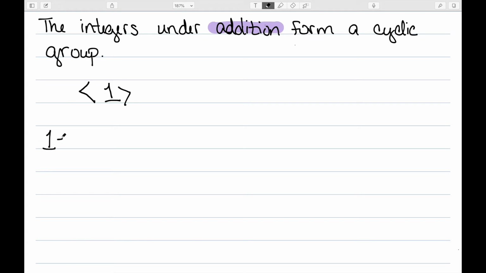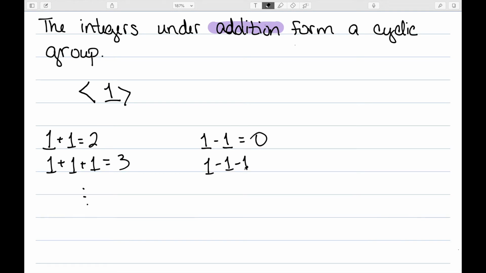So we have 1 plus 1 is 2, 1 plus 1 plus 1 is 3, and we can keep going in this manner. We can also subtract. That would be the equivalent of the inverses. 1 minus 1 is 0. 1 minus 1 minus 1 is negative 1, and we can get the rest of the integers this way. So this would be a cyclic group under addition with a generator of 1.